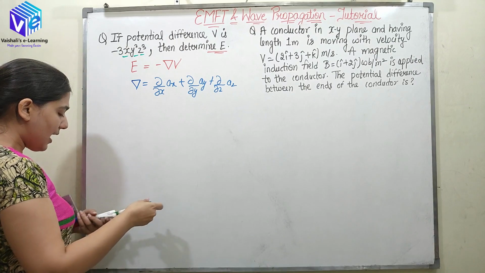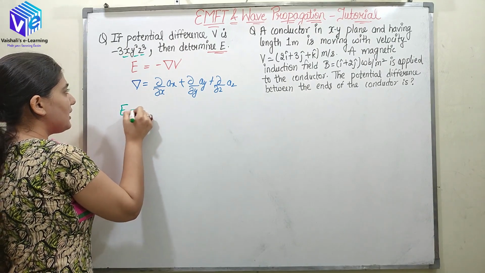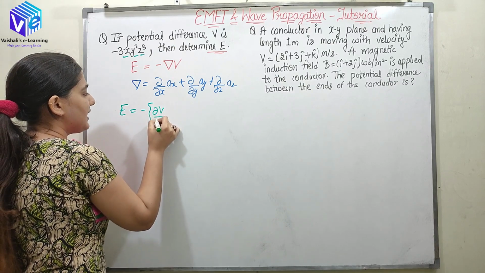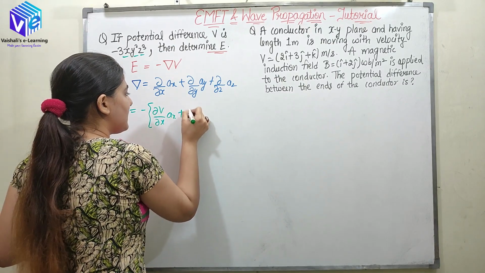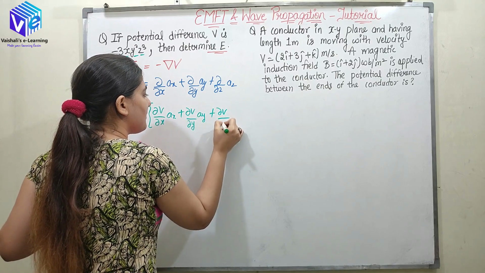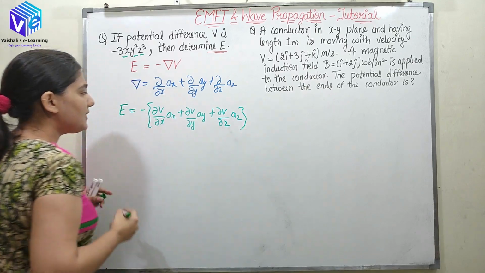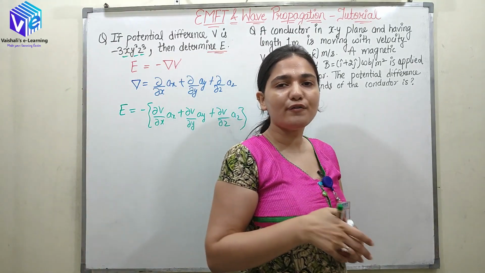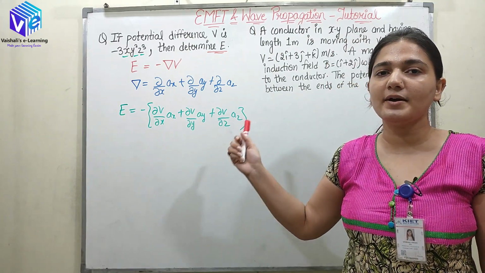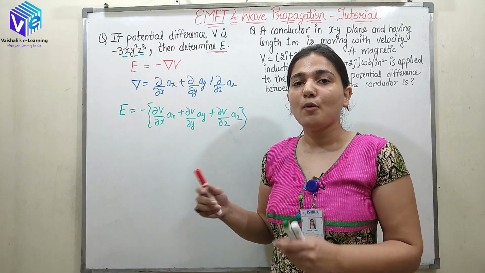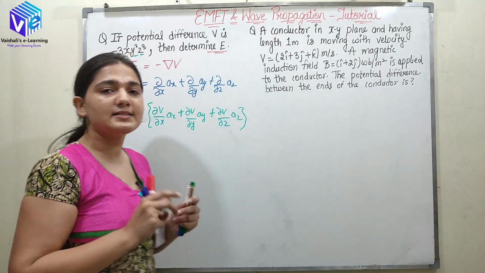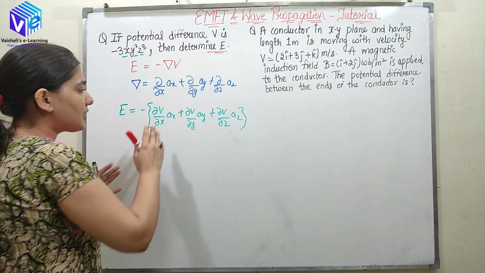So now I will find E with this formula. E will be equal to minus of del V by del x ax plus del V by del y ay plus del V by del z az. What is it? It is the negative of the gradient. I hope you have seen the previous video where we discussed the gradient. What is the input to the gradient? The input to the gradient will always be some scalar field. And what is the output?